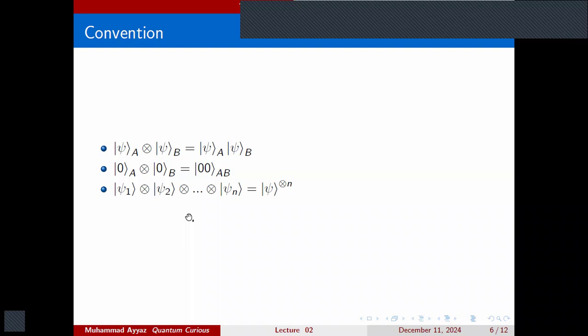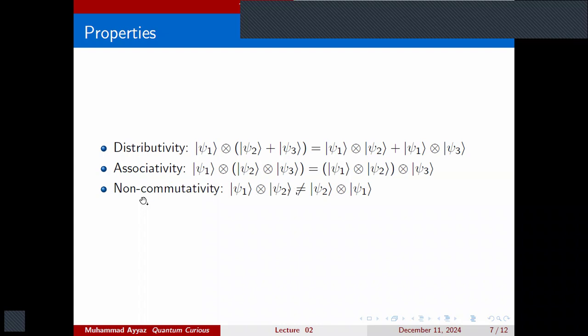And if we have the tensor product between n numbers of similar states, we could describe it in that form as the power of the tensor product, with n showing the number of state vectors that are multiplying with each other.